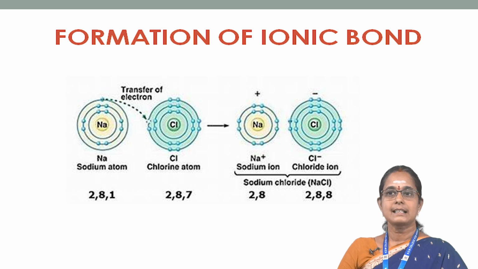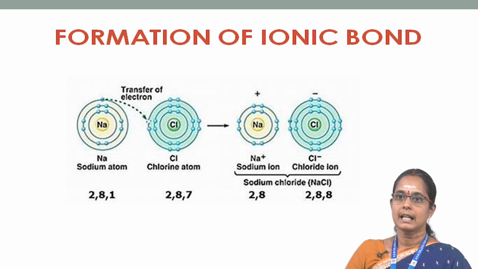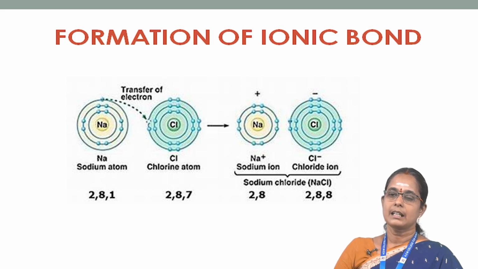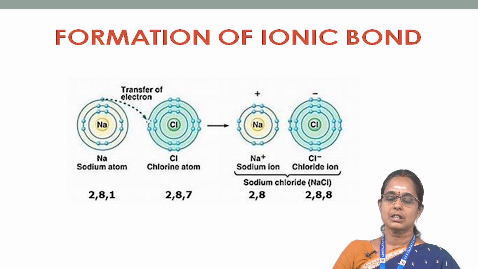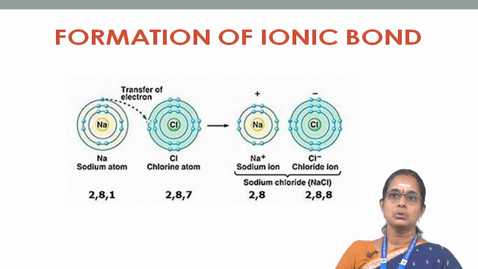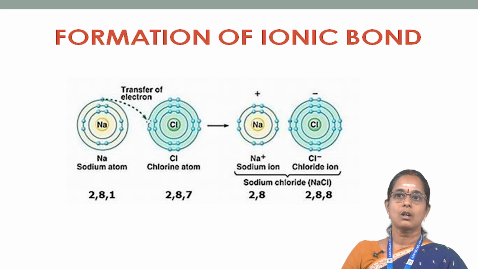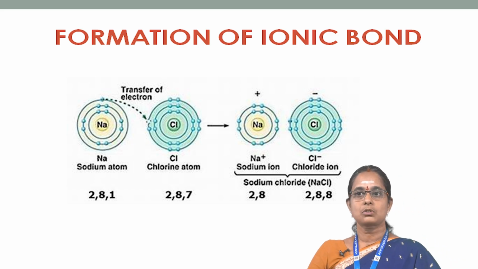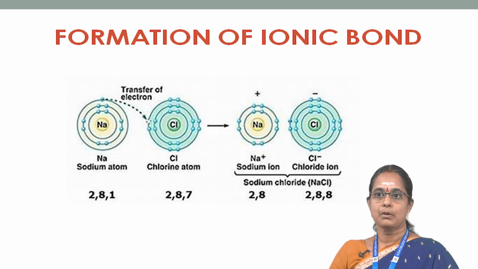configuration. Let us see one example, the formation of ionic bond in sodium chloride. In sodium, the electronic configuration is 1s2, 2s2, 2p6, 3s1. In chlorine, the configuration is 1s2, 2s2, 2p6, 3s2, 3p5.